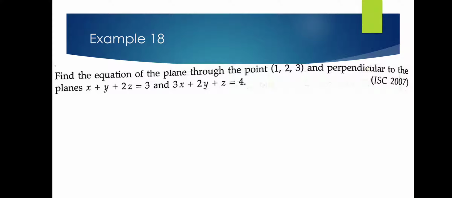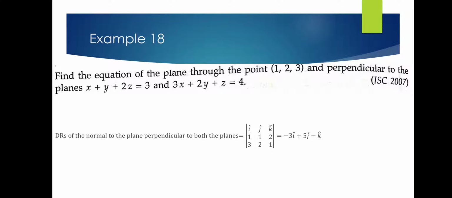Next, find the equation of the plane through the point 1, 2, 3 and perpendicular to the planes this and this. It is given that the plane I am going to find is perpendicular to both the planes. So let us first find the direction ratios of these two planes and then take their cross product.